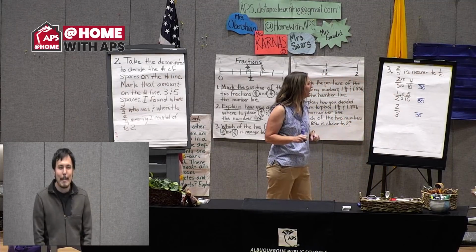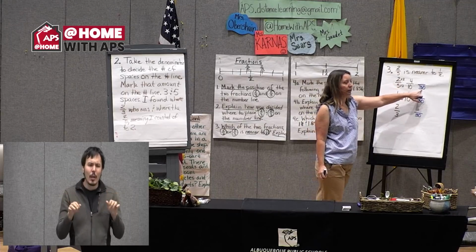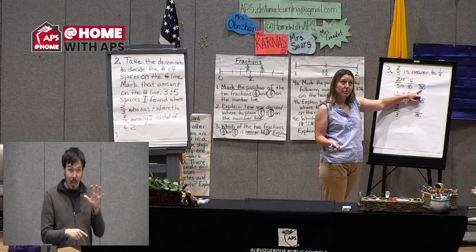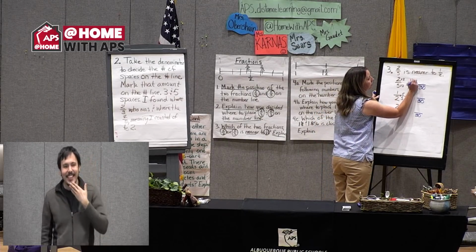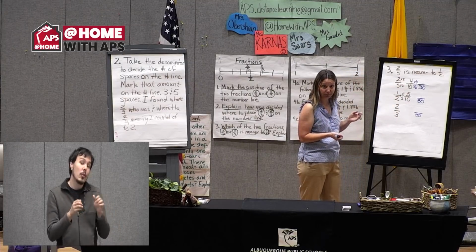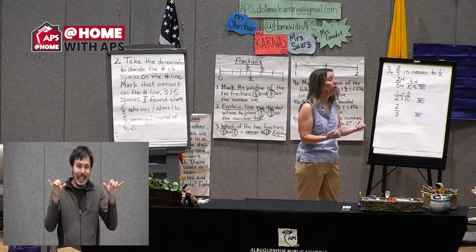All right, so we have to look at what can we do to 5 to get to 30? What can we multiply 5 by to get 30? 6, thank you. So again, whatever we do to the bottom of a fraction, we have to do to the top to keep it equivalent, equal.